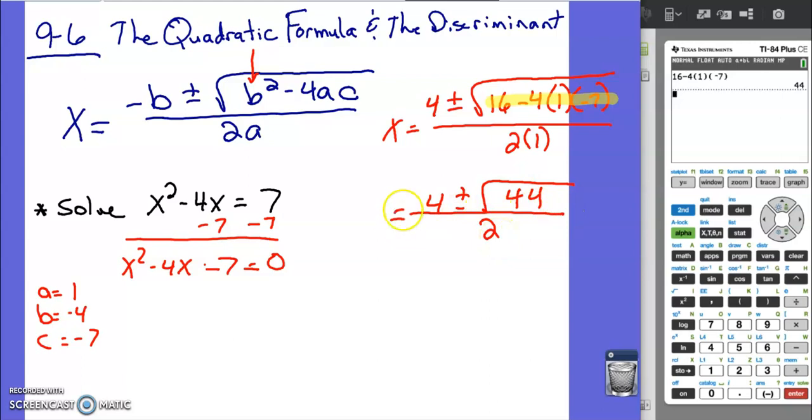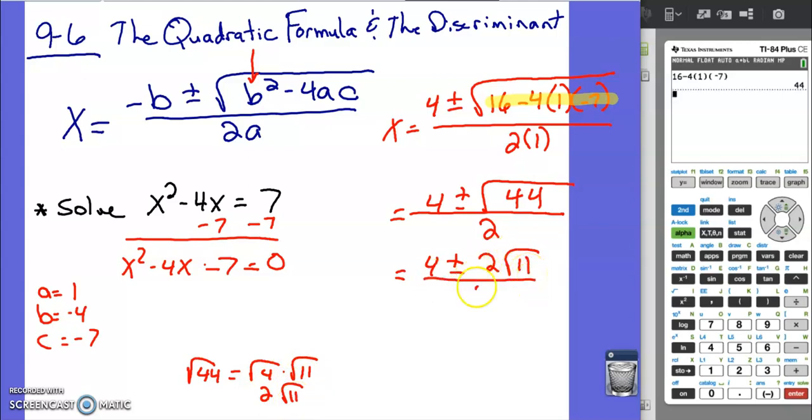Now, if we were looking for an exact answer, what we would do is simplify the square root of 44 to 2 square root of 11. And then, that is not the final answer because it can be simplified.